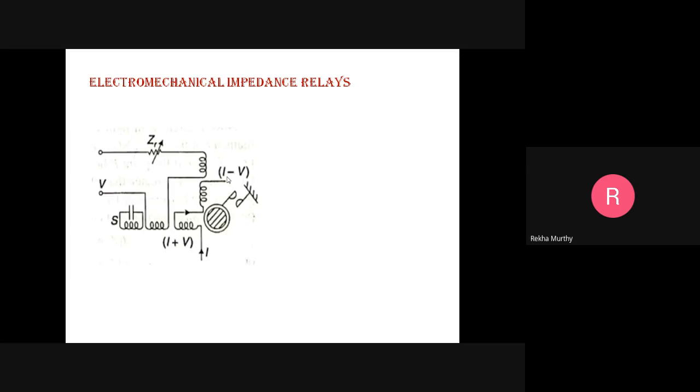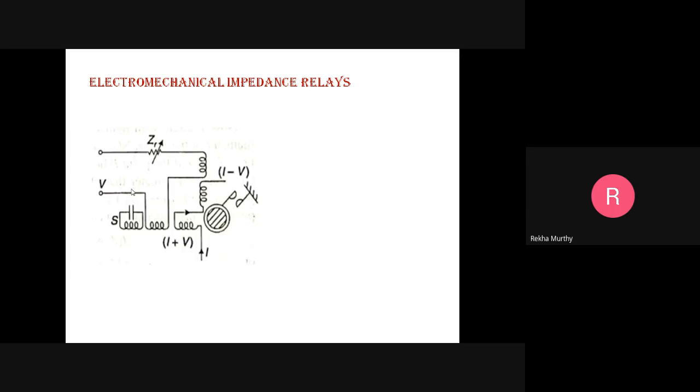So with the introduction of ZR in the voltage circuit, the current flowing in this circuit will be V divided by ZR.